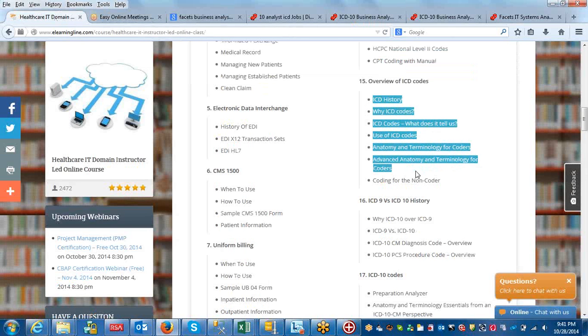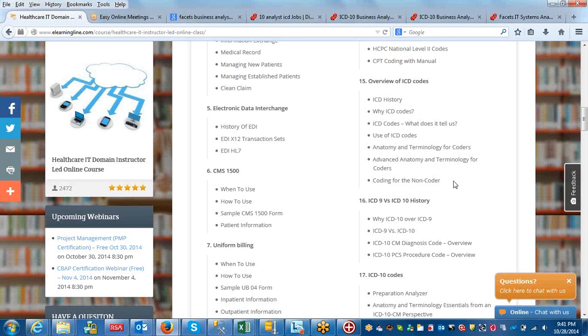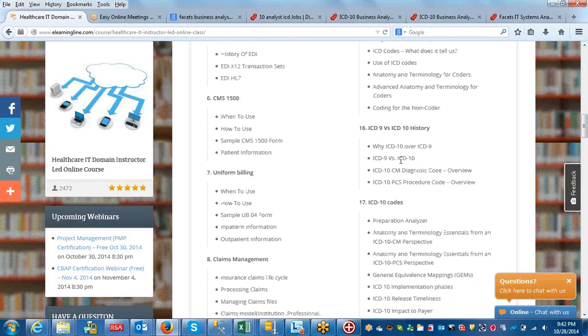We will first walk you through what exactly the ICD is all about, where exactly it is, how the terminology is used at the term level. Then we will help you understand why we have ICD-9 over ICD-10, what the benefit is of moving towards ICD-10, and what the differences are between ICD-9 and 10.